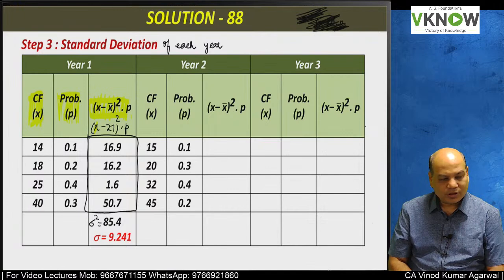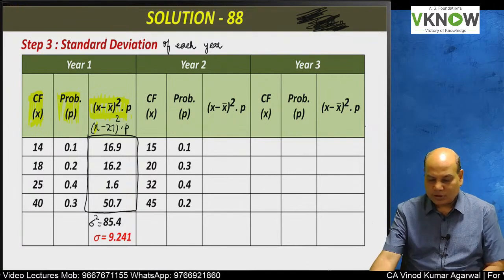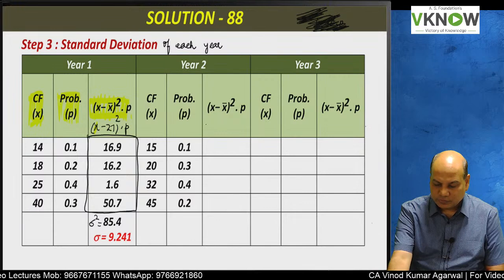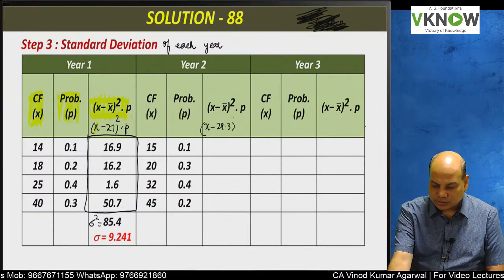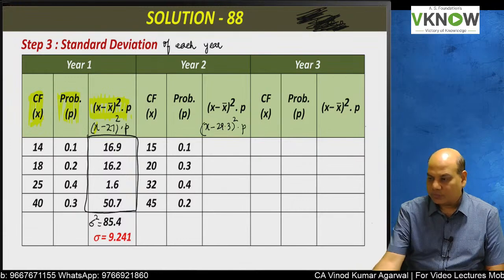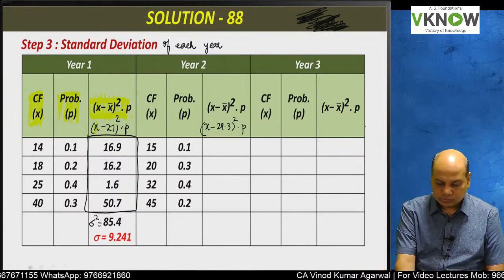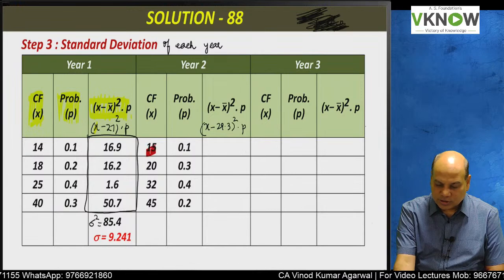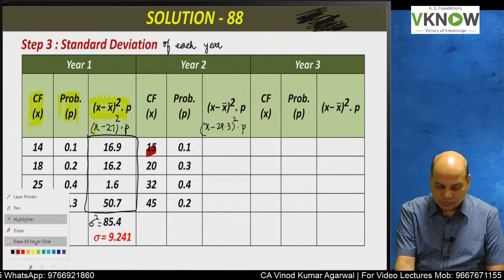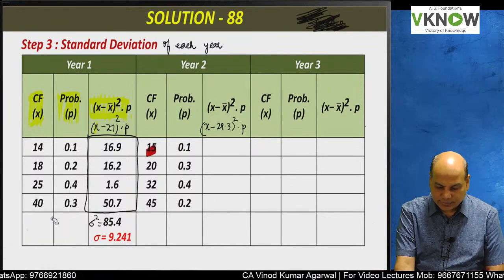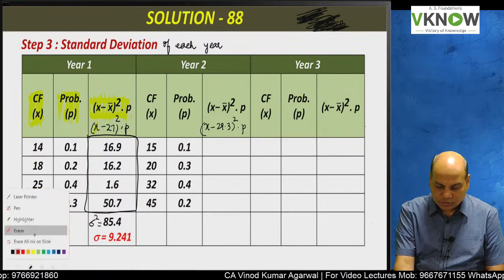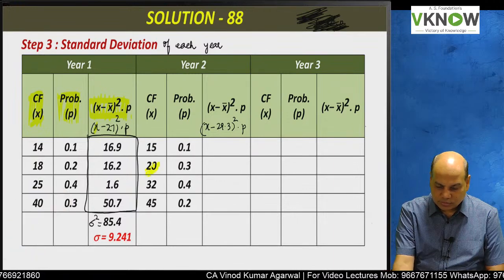What was the expected CFAT of year 2? 29.3. So x minus 29.3 square into P. This column is x.